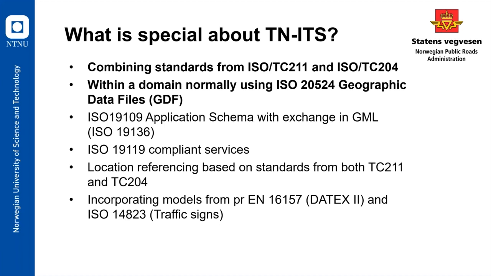I'll just say that TC211 is for geographic information, while TC204 is for intelligent transport systems. We have a joint work now between the two committees looking at how standards from the two domains can be closer connected, so we can use the same principles.